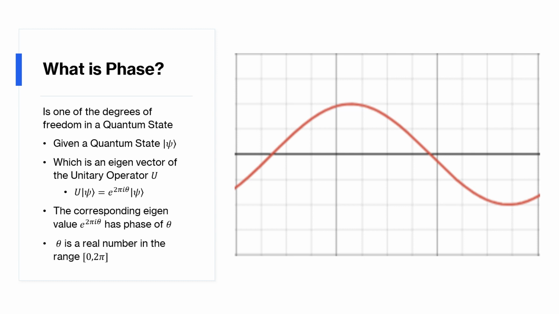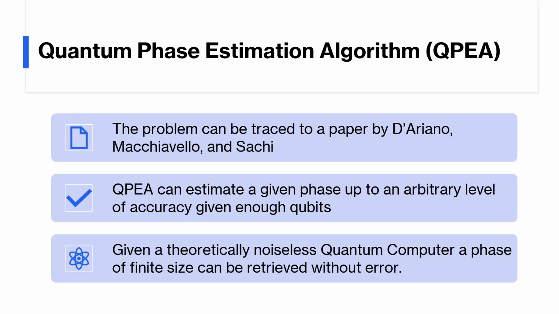If we can't really see its impact on the quantum state, then how do we measure it? Well, there exists a clever algorithm to do that. To get a global phase, or just phase in general, a quantum phase estimation algorithm or subroutine must be used.